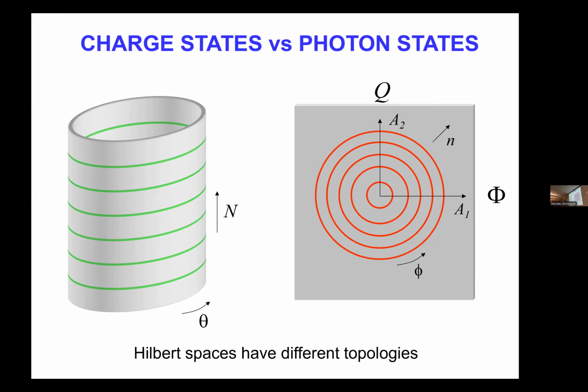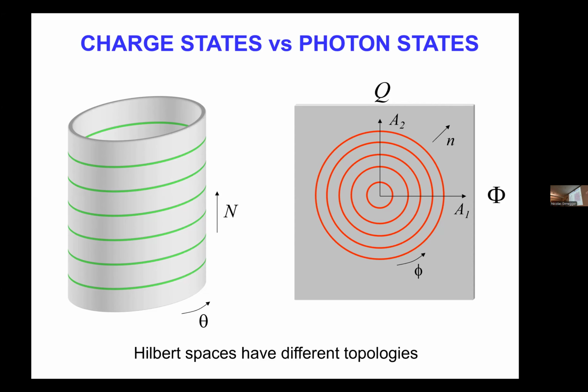And here, just to make sure that there's no confusion, I call little n the number of photons. The photon number and the phase angle of second quantization is just a polar representation of a dynamic that happens in the plane. So the phase space here is a plane, it's not a cylinder. Topologically, it's not the same thing. And this manifests itself in the fact that little n is also an integer, but it goes only from 0 to infinity.